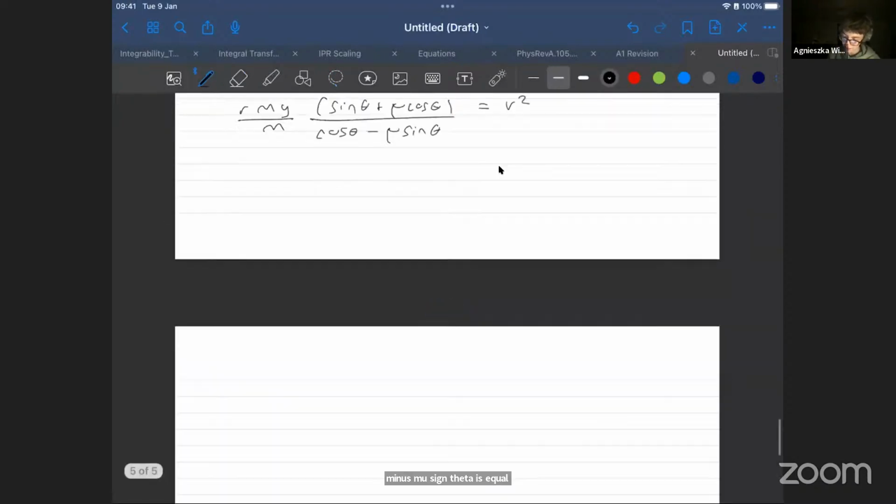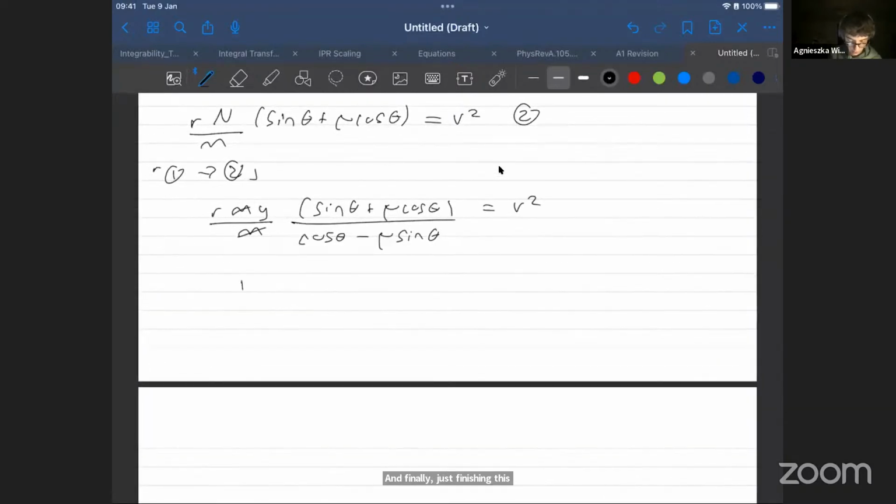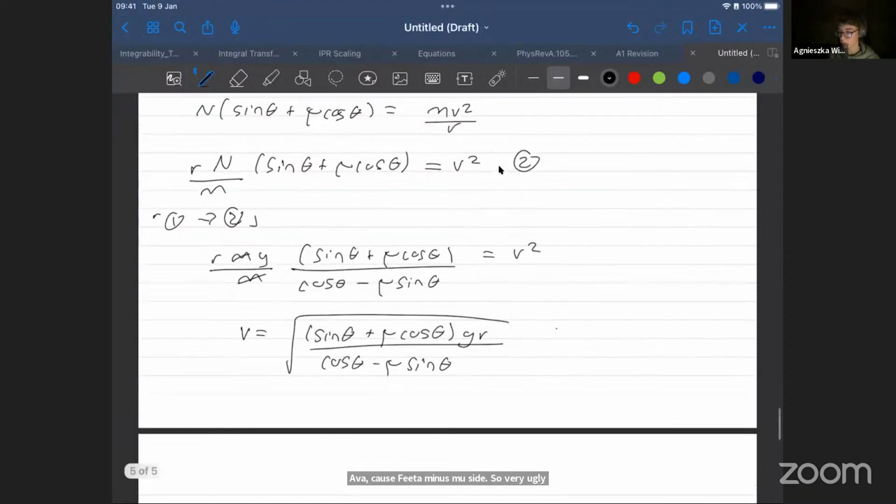Obviously the m's cancel out, and I get that v is equal to the square root of (sine theta plus mu cos theta) g r over (cos theta minus mu sine theta). So very ugly expression, and this is going to be equal to the maximum speed.